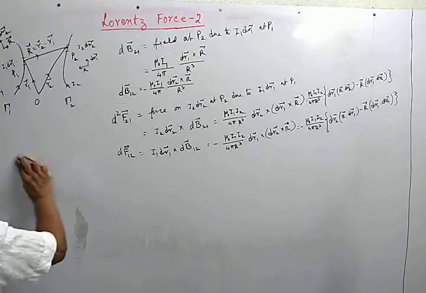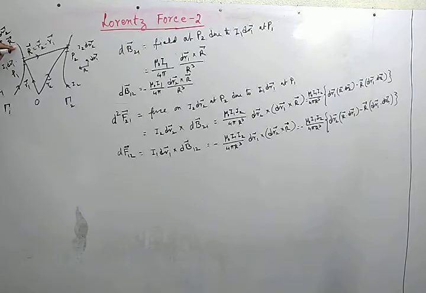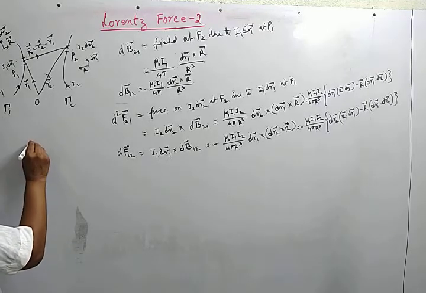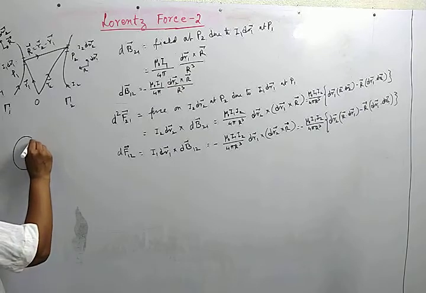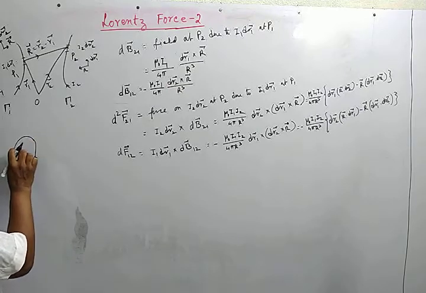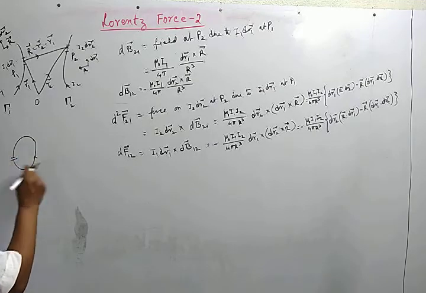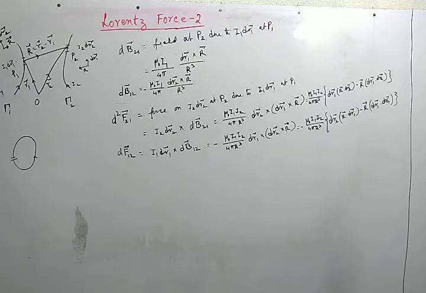We see that we have considered a conductor which carries a current. A conductor may carry a current when it forms a closed loop, so a conductor carries a current and there should be a source of EMF. Only when the conductor forms a closed loop does the current flow.